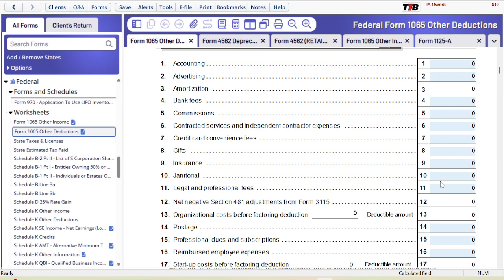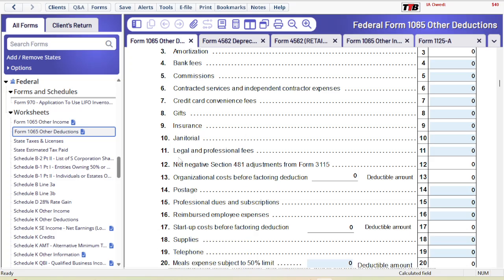And you have those areas here. And line 13, organizational costs, and they have those, postage will be here. And I think we have organizational cost and startup cost, excuse me, is more so for first year.